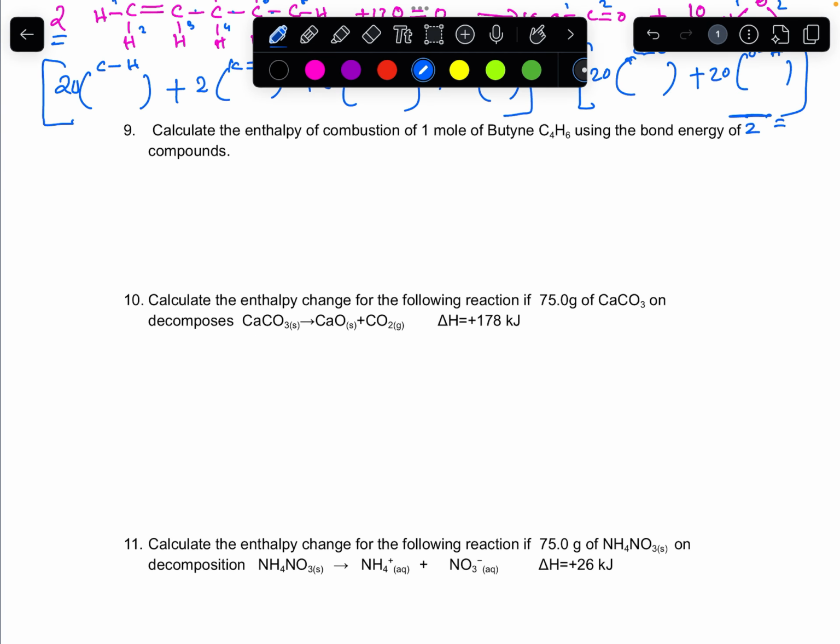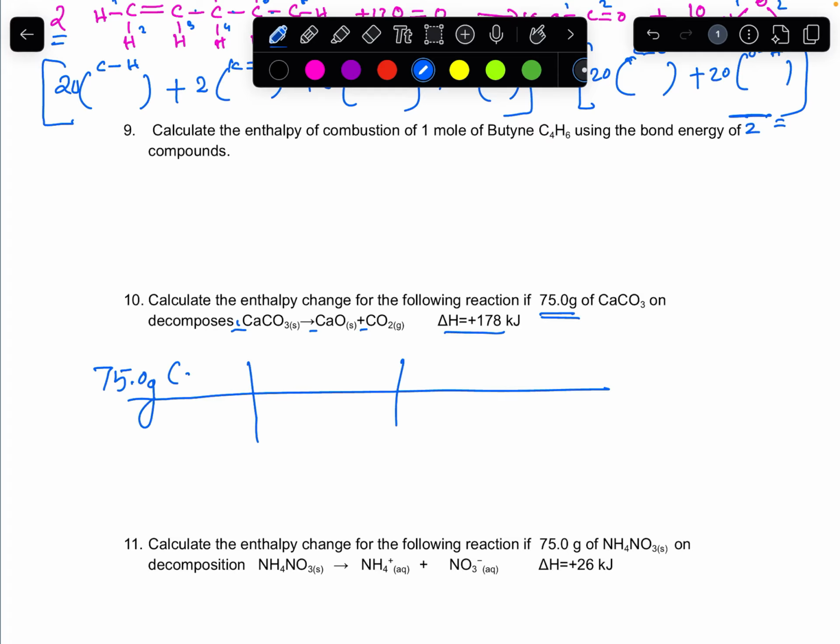Okay, this question, you have to use stoichiometry. We'll check whether the equation is balanced. I would say this is balanced. Then it says 1 mole of calcium carbonate decomposes, it forms this much energy, but we have to find 75 gram. So you will start a T chart.